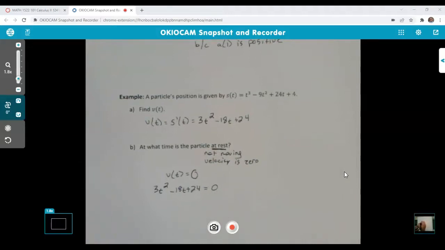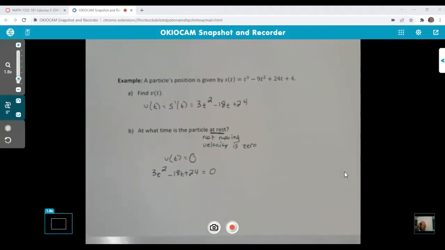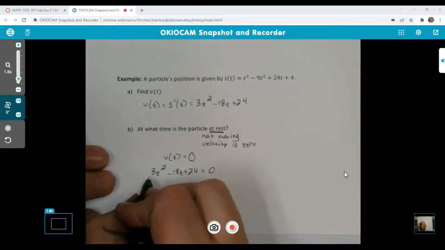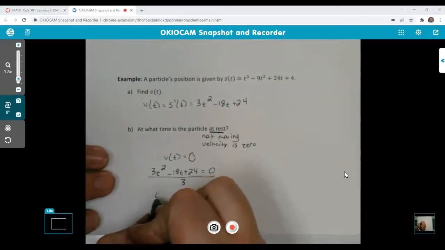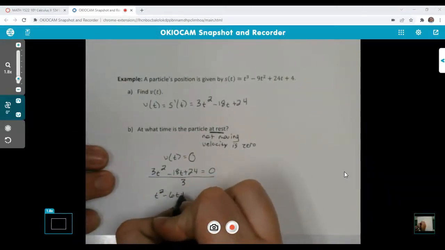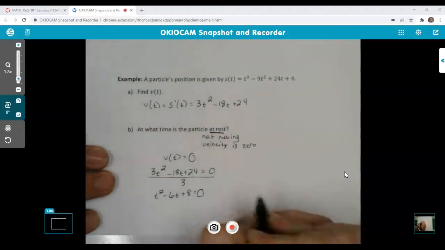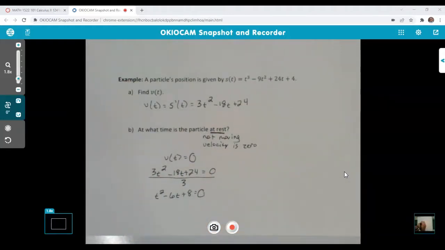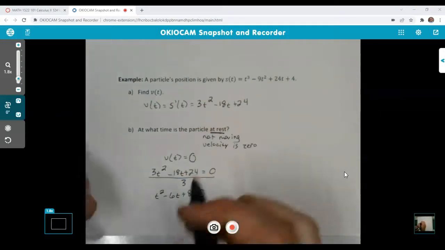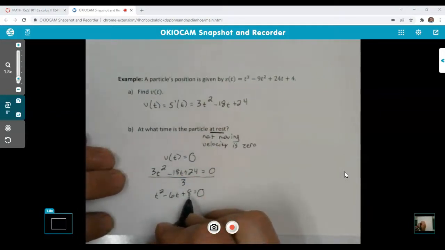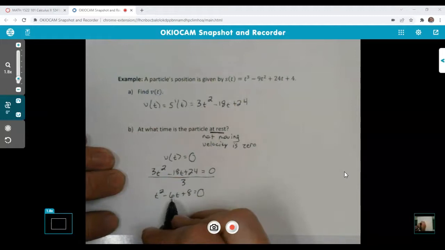To solve that, I see all of those have the common factor of 3. So I can divide the whole thing by 3. That gives me t squared minus 6t plus 8 equals 0. I can factor that. I can find the factors of 8 whose sum is equal to negative 6. That would be negative 4 and negative 2.